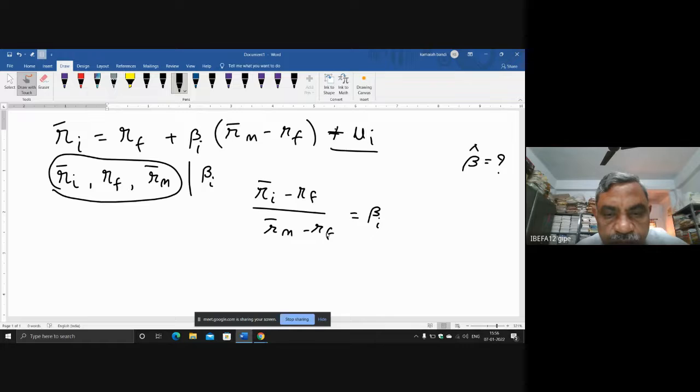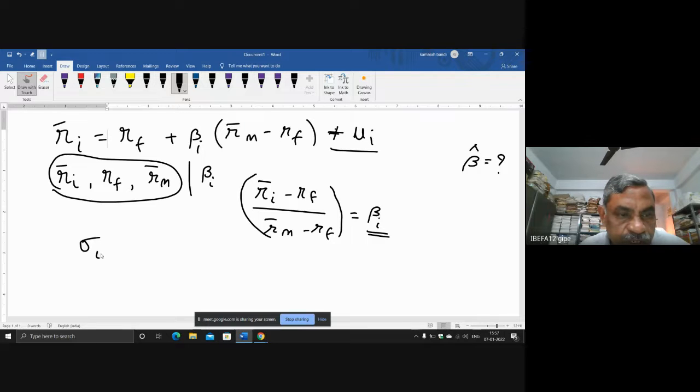Hello? Yes, sir. But what is the problem here? The problem is you are not estimating beta I from the data that is given. All that you are doing is in a very deterministic fashion, you are calculating this by dividing the left hand side by this part of the right hand side. But beta I, which is the risk of the asset, right?